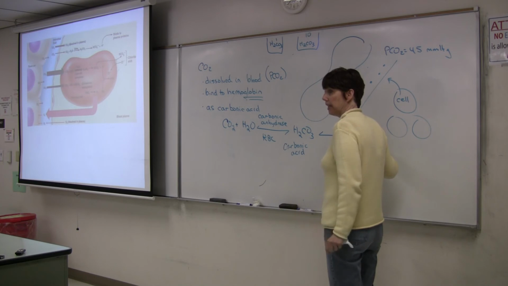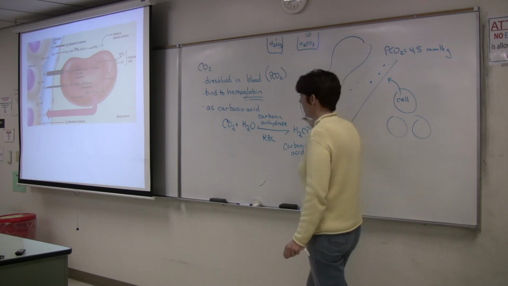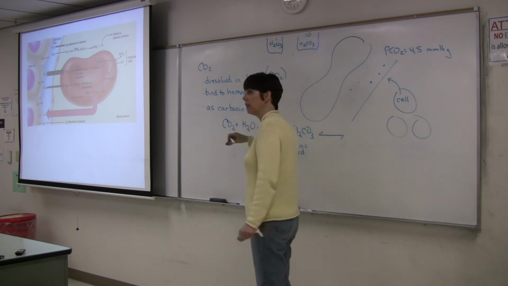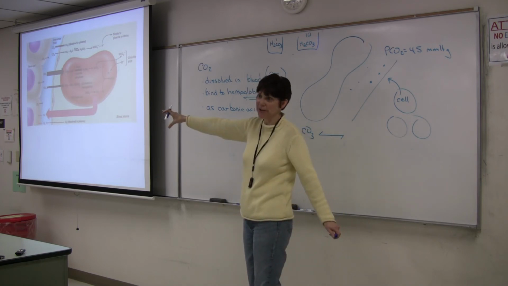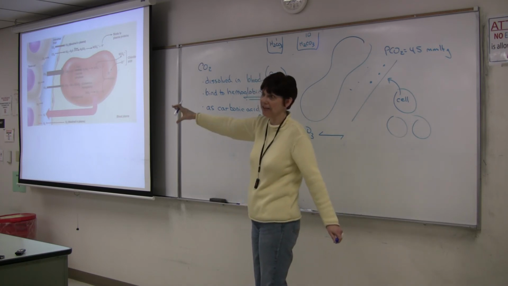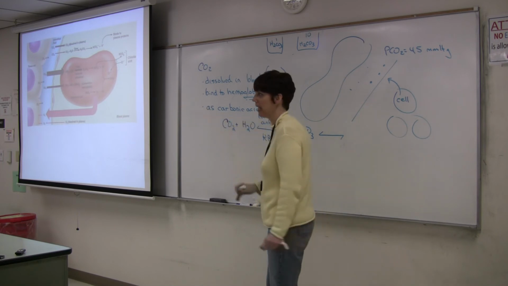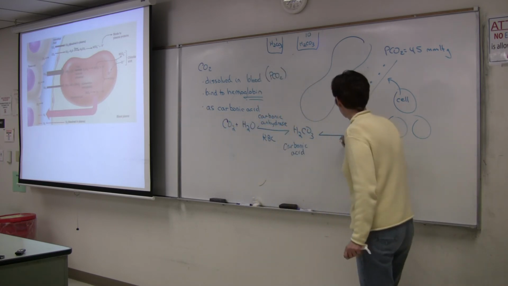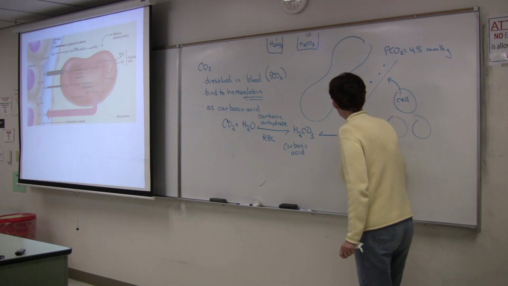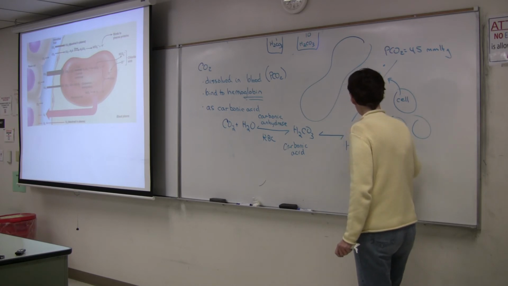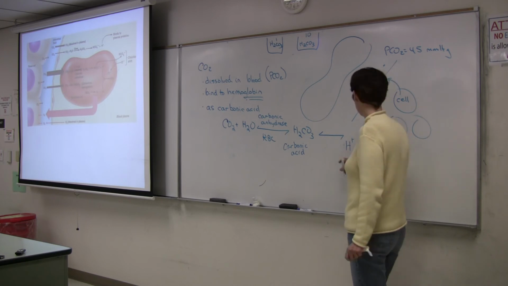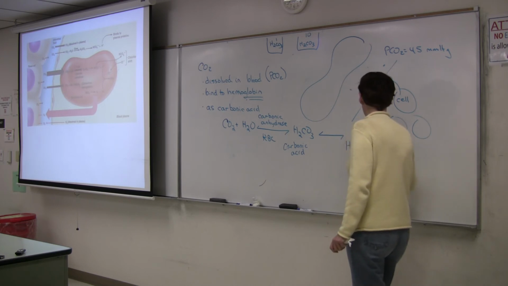If the pH of the blood is very acidic and there are not very many carbon dioxide molecules, then the drive for the equation is to go to the left and make more carbon dioxide, or at least more carbonic acid. So some of these molecules will dissociate and form a hydrogen ion and a bicarbonate ion.